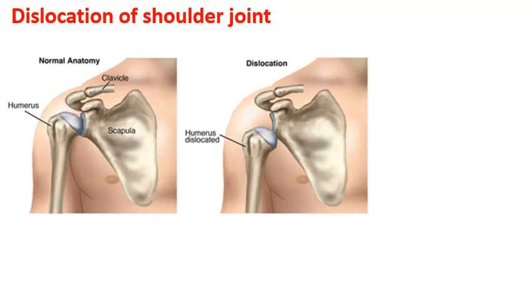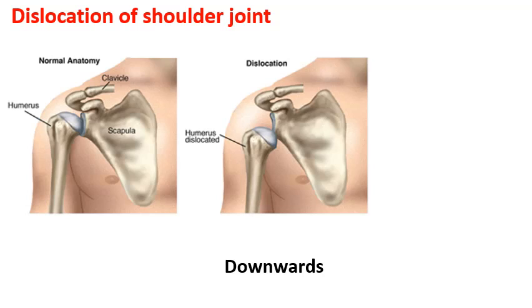As we said, the rotator cuff muscles support the joint anteriorly, superiorly, and posteriorly, right? And the coracoacromial arch prevents the upward displacement of the head of the humerus. So the most common position in which dislocation might occur is downward dislocation.